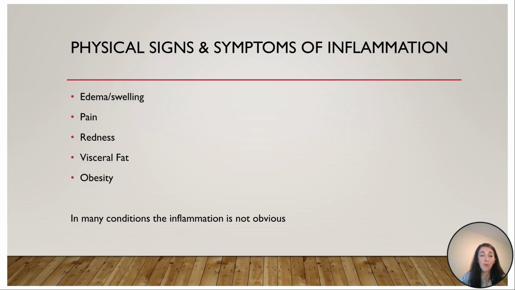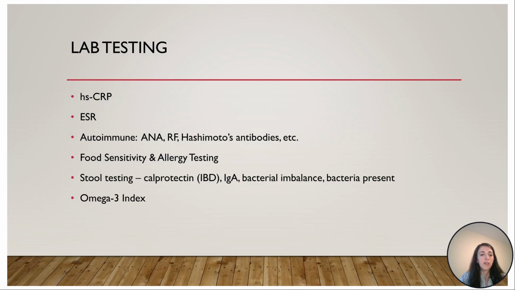Not always, but most of the time, if people have weight to lose and they lose weight, their inflammation markers typically come down. And in many conditions, inflammation is not obvious and we can't see it necessarily, and you may not even feel it, but we can test for it in other ways.